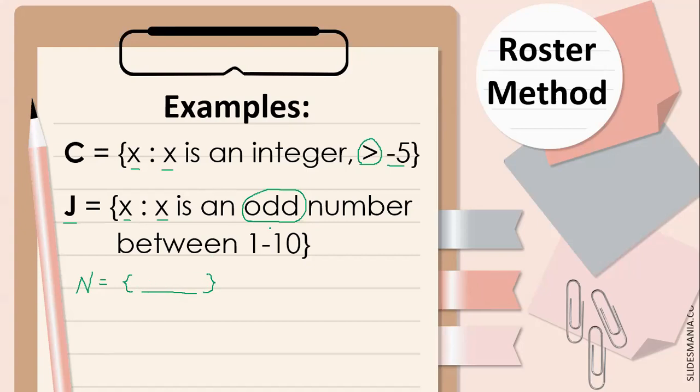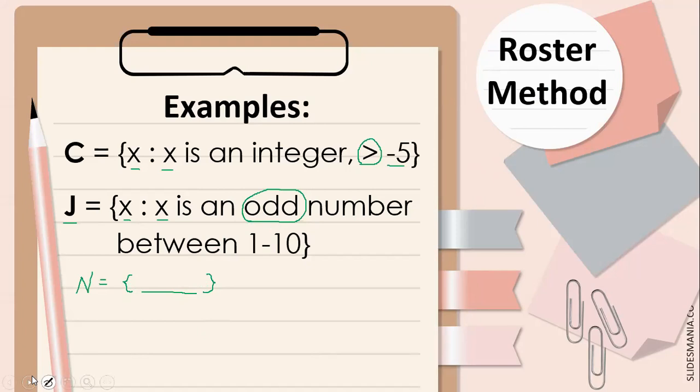Or kung gusto mong number, pwede naman natin x such that x is an even number between 1 to 10. May question about roster method? May question? Grade 7? May question ba?